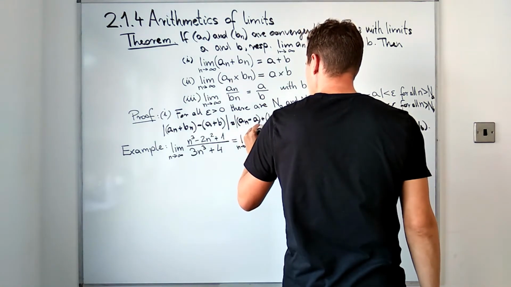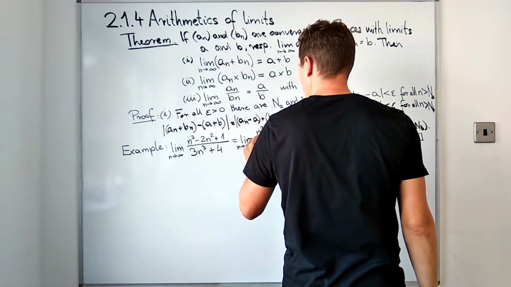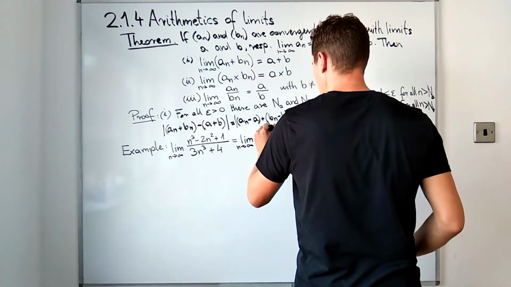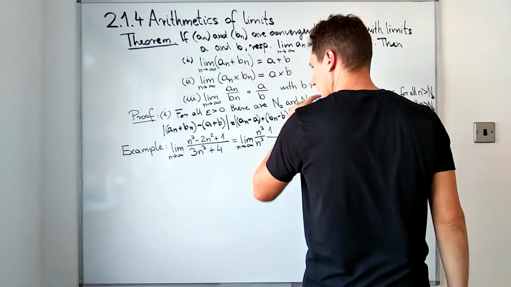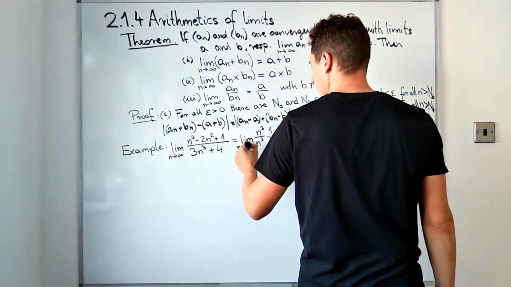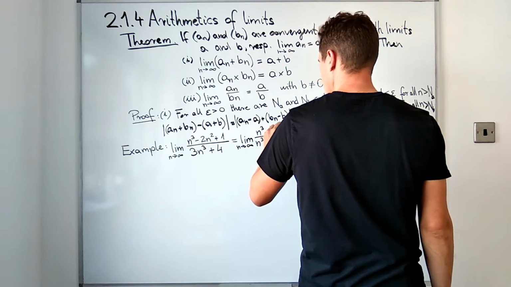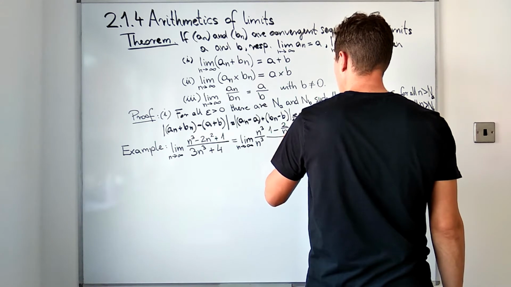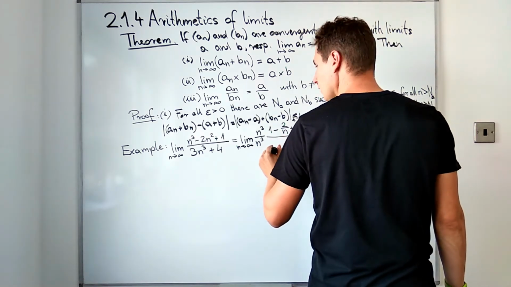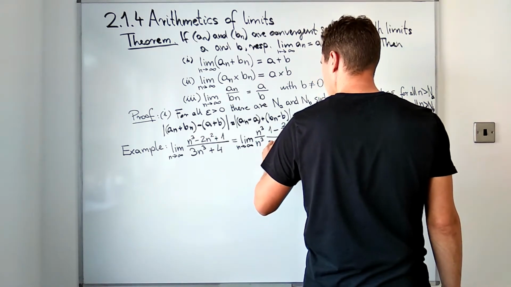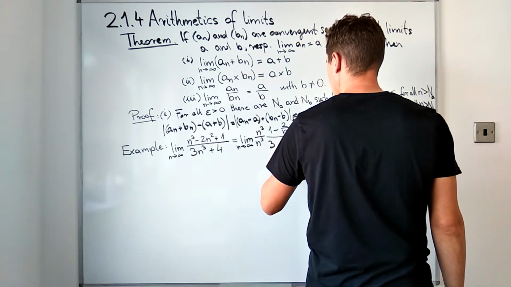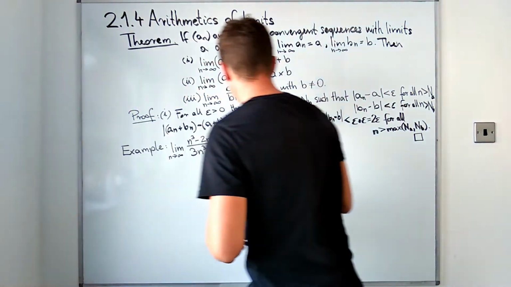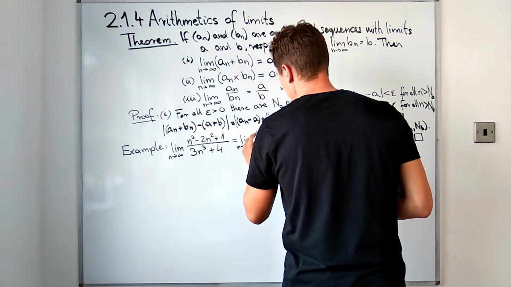So if you just simply bring it out front and make it so that these two expressions remain equal, you will have, of course, 1 minus 2 over n plus 1 over n cubed in the numerator, and in the denominator you will have 3 plus 4 over n cubed. Okay? Of course, we can simplify with this n cubed, so that is basically what we've been doing here.